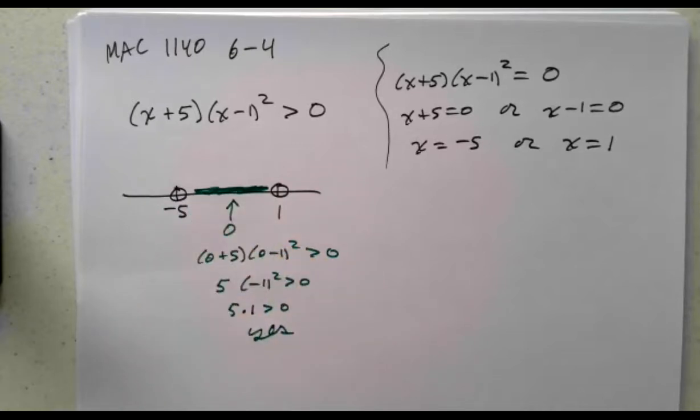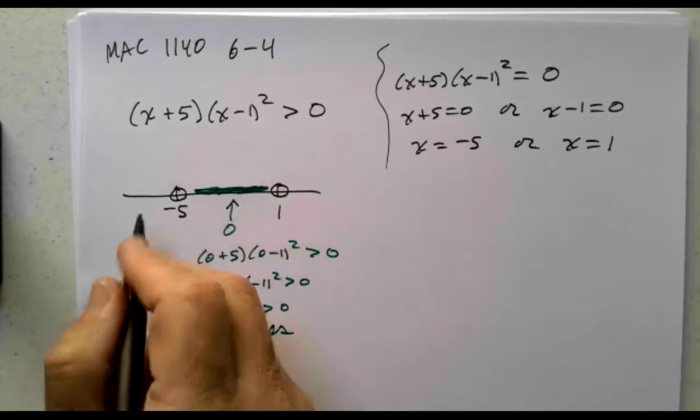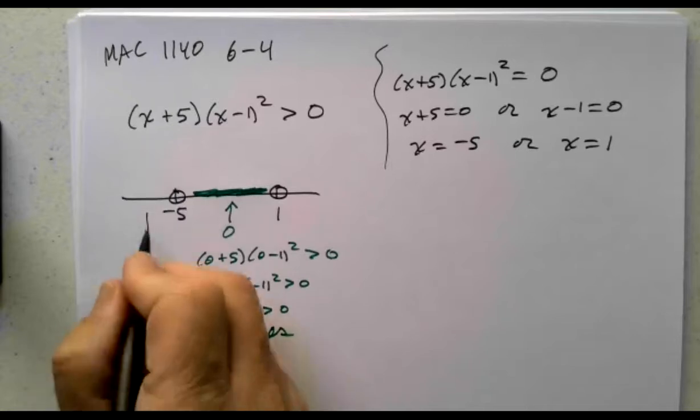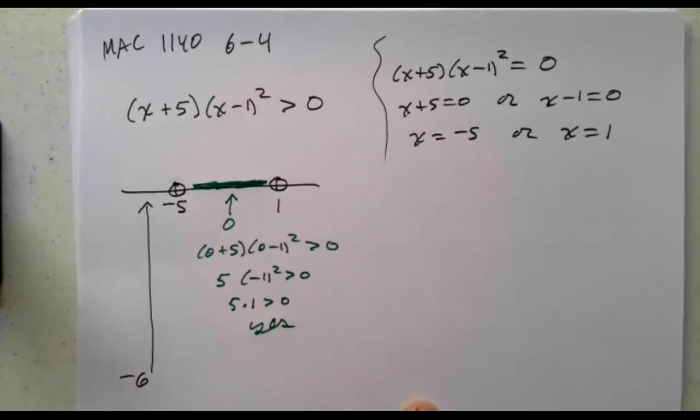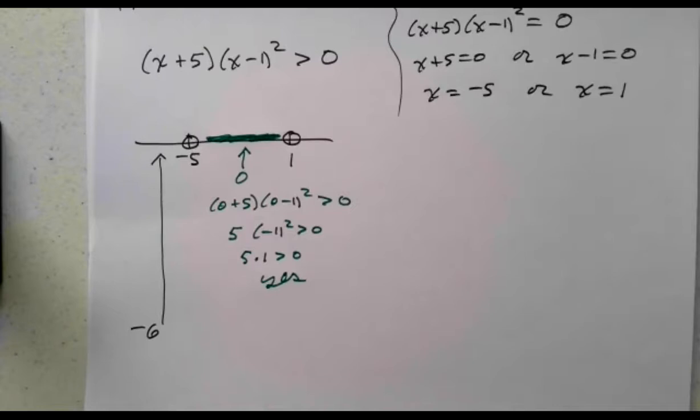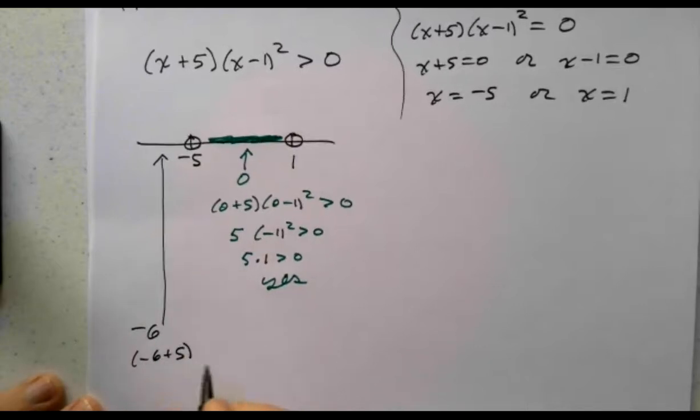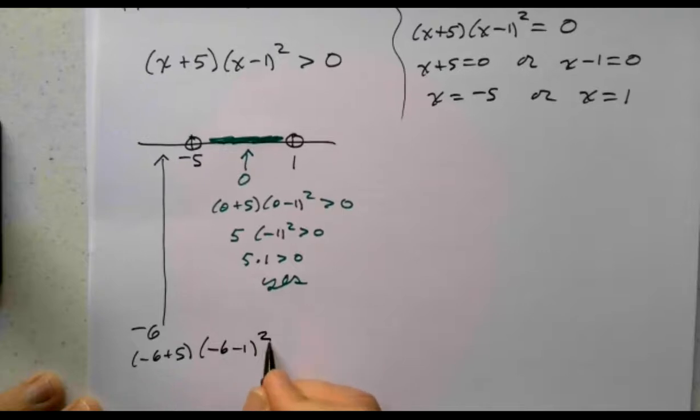Let's go to the left of −5. How about −6? We'll plug −6 into (x + 5)(x − 1)² and see what we get. (−6 + 5)(−6 − 1)².